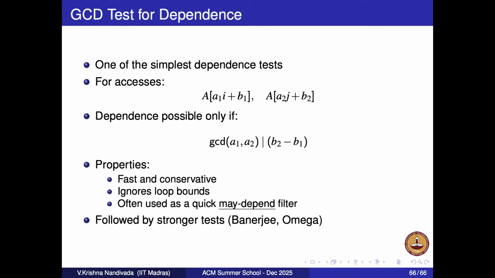If it doesn't divide, what does it mean? No dependence exists. When it is true, it doesn't mean there is a dependence. Dependence is possible, only this condition is there.